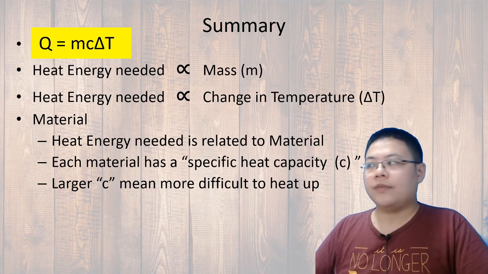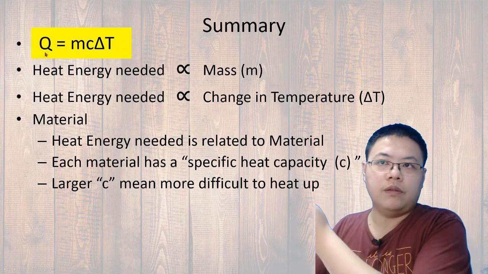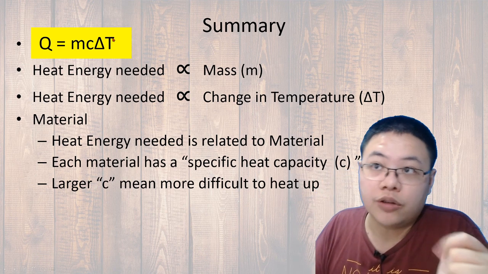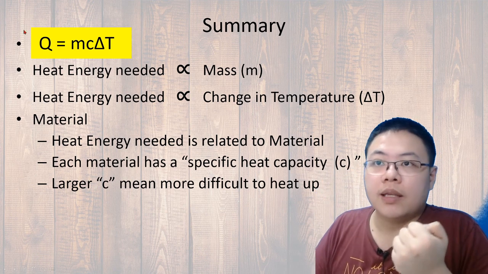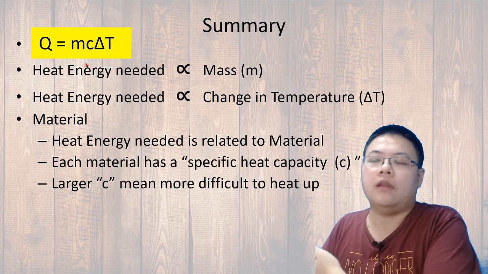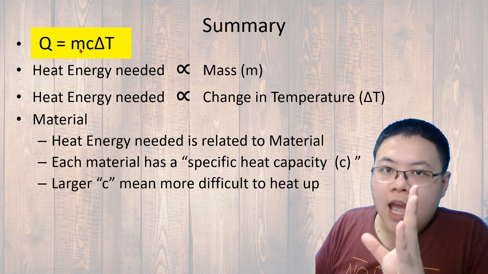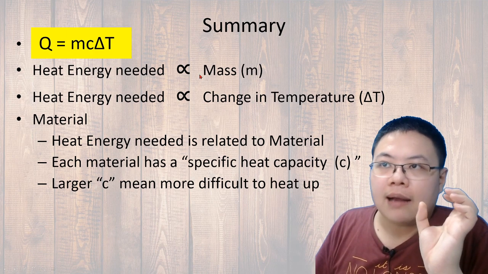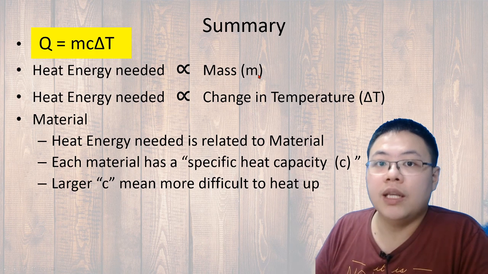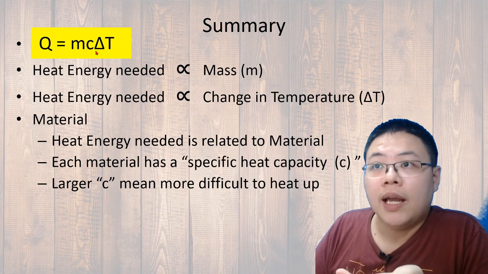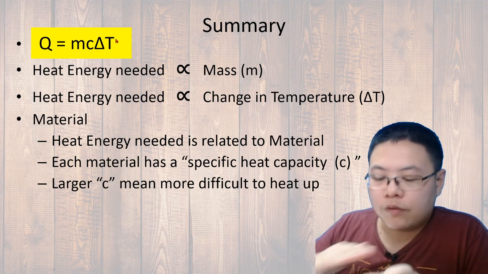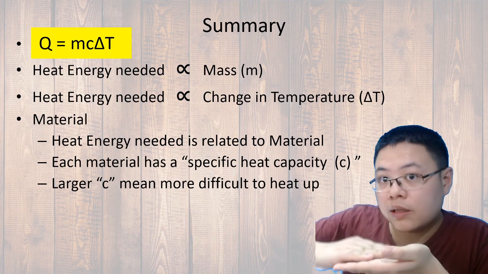Okay. Summary. All you have to remember is packed into this small package of Q equals mc delta T. But what does it mean? Q is the heat energy needed to heat something up. M means mass. The more material you have, the more energy you need. Very trivial. And delta T means the change in temperature. If you want a small increase, you need little energy.